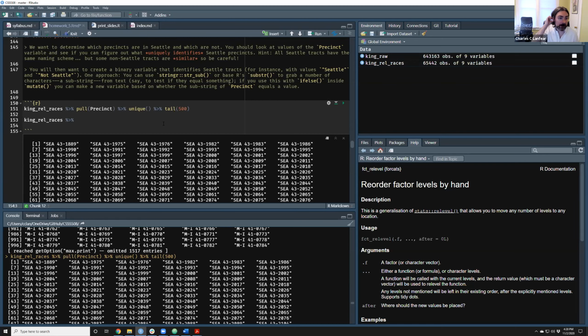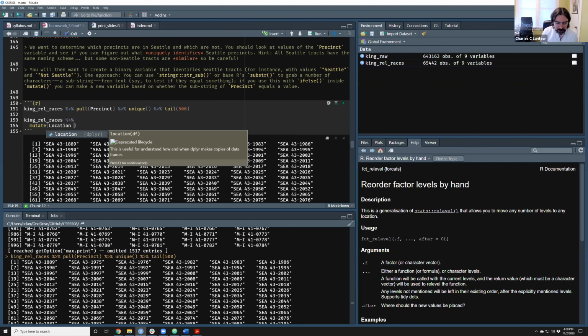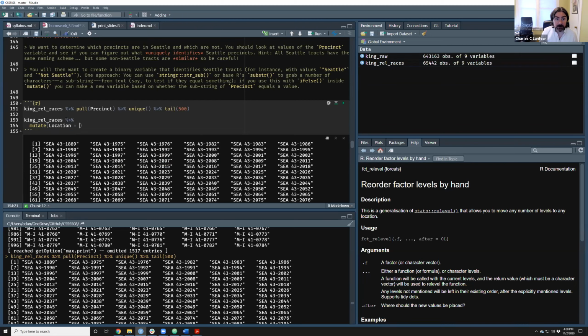So if we're going to create a variable, like you suggested, we'll create a variable with mutate. Now, let's name the variable something like location. The location is going to be either in Seattle or not in Seattle. So you suggested case_when, but there's a simpler function to do this too.